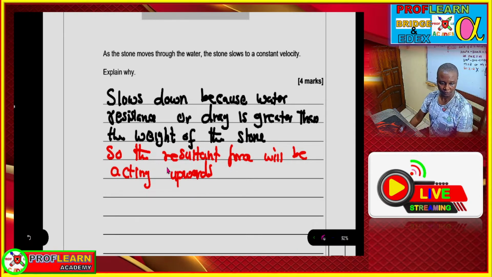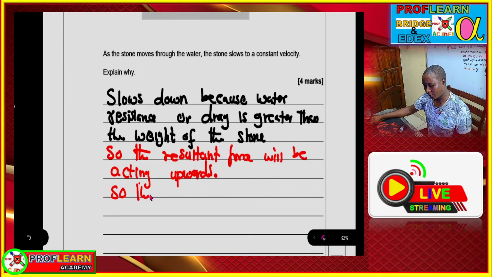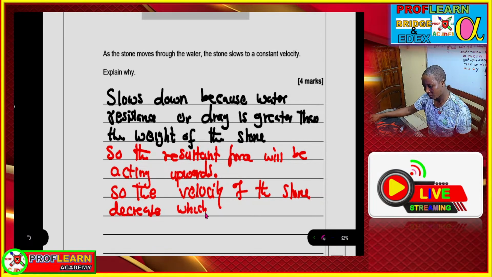And when the resultant force is acting upwards, the velocity of the stone decreases, which also decreases the drag force.